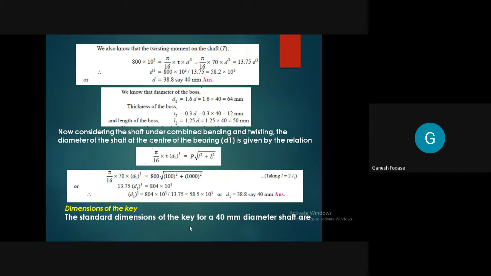Wait, I will send you one. Okay, on the WhatsApp group, I'm sharing one image, so you get an idea how these key dimensions can be selected.